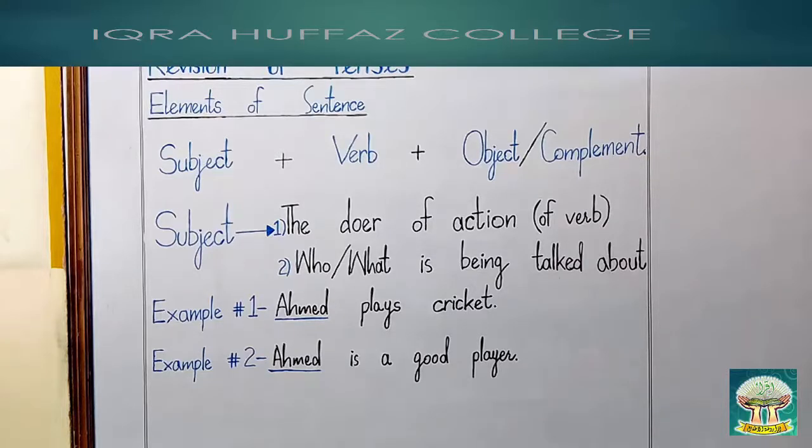Now, example number 2 for definition number 2 of subject. If I say Ahmed is a good player, tell me who I am talking about. Yes, right. I am talking about Ahmed. I am giving information about Ahmed.